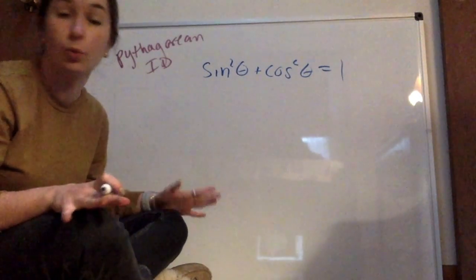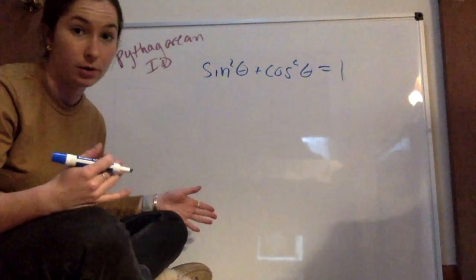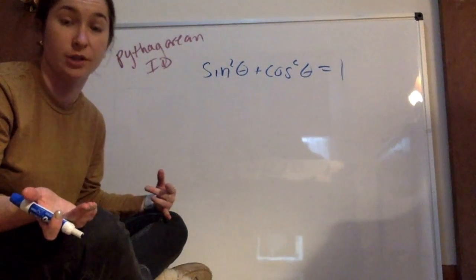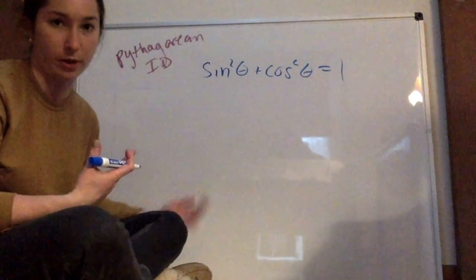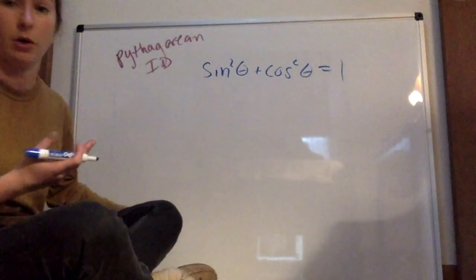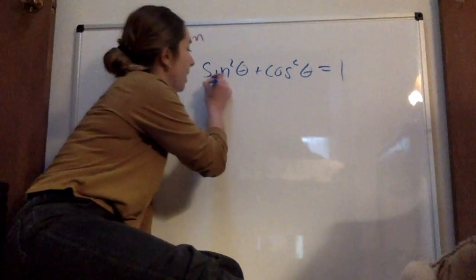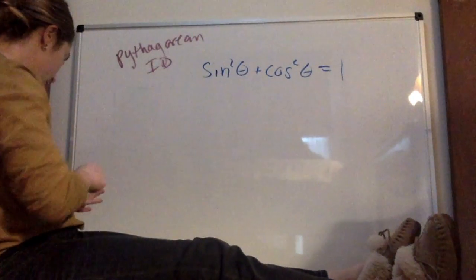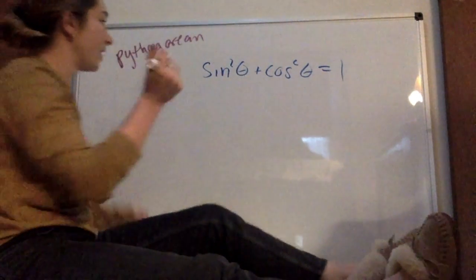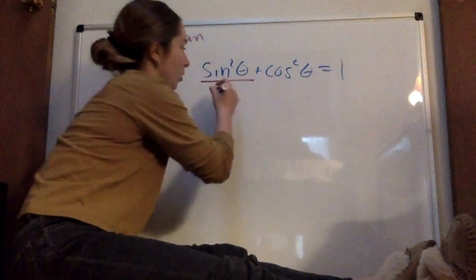But we can rewrite this in terms of our other trig functions, because there's 4 other trig functions we haven't talked about yet. This is only in terms of sine and cosine. But I can divide everything by cosine squared.